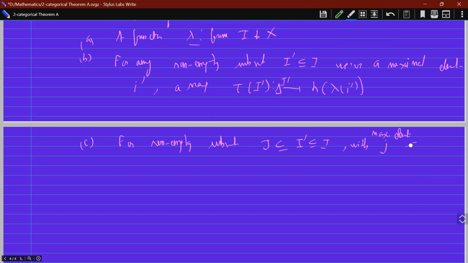Sorry, very sloppy of me. So these are the maximal elements that we have.